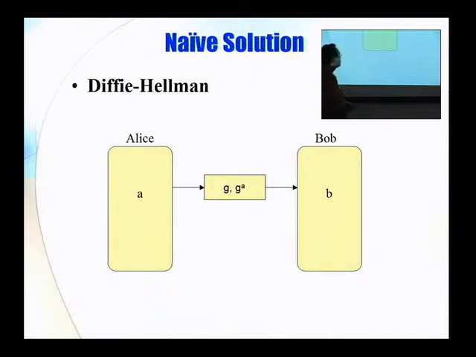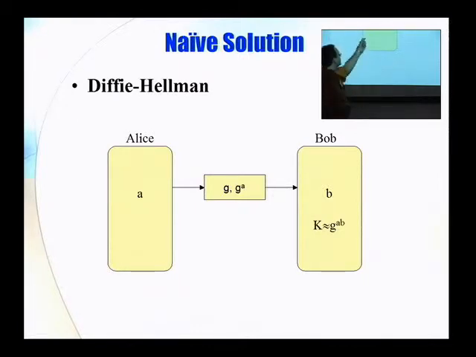What A has to do is come up with a random value G, and then A produces the equivalent of a public key by elevating G to the power of A and sending that to Bob. Now, with those two, Bob can actually calculate the encryption key, we'll call that K, by taking G to the power of A and elevating it by the power of B, his private key.